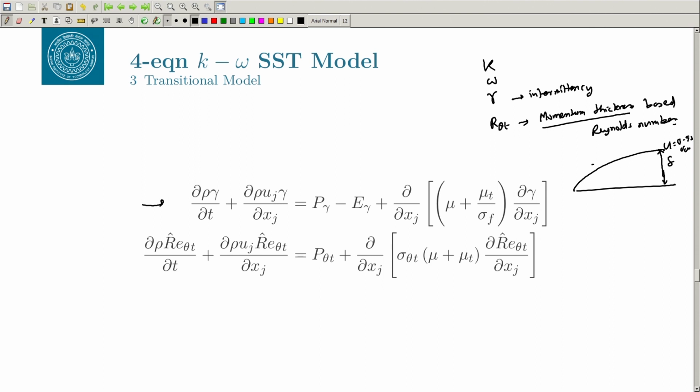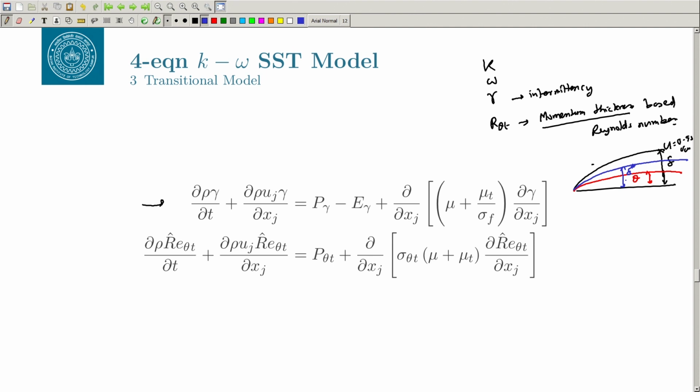Or you can have something called theta, which is given here, the momentum thickness, or you can have delta star, which is basically the displacement thickness. Without going into the details, this is a fluid mechanics thing, and I expect that you go and read it.